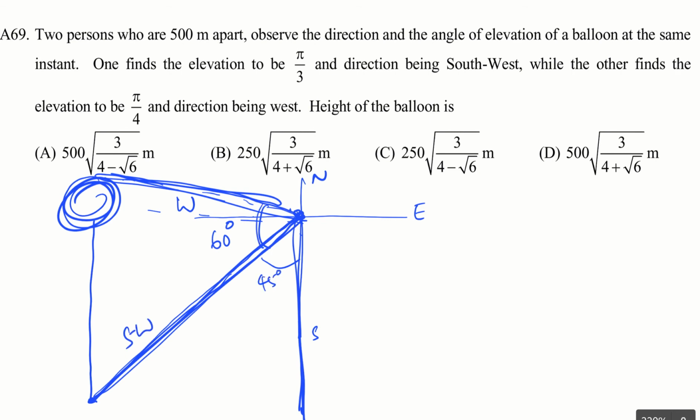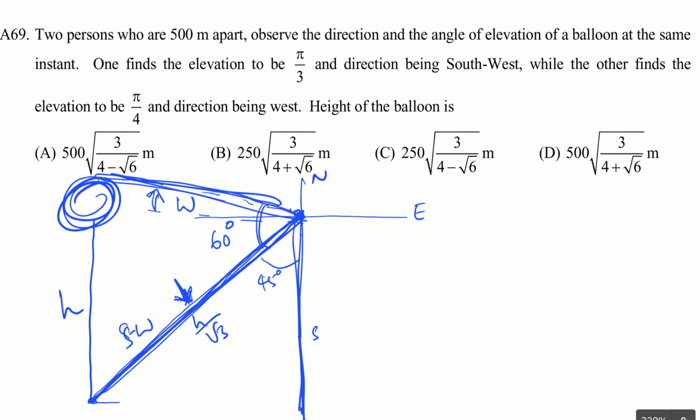Sorry, this line is on the ground, and this line is in the air there. Okay, so if I call h the height of the balloon, then observe that this distance is nothing but h cot 60, that is h by root 3.